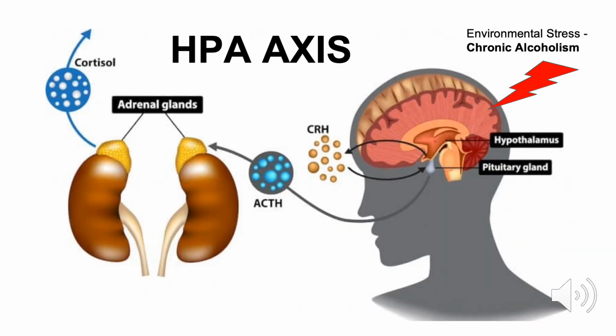Studies have shown that chronic alcoholism causes hypothalamic pituitary adrenal axis hyperactivity, leading to an increased stress response and higher cortisol levels. Cortisol is usually a beneficial aspect of the immune response with its anti-inflammatory effects, yet chronic elevations can lead to an accumulation of stress hormones and an increased production of cytokines.